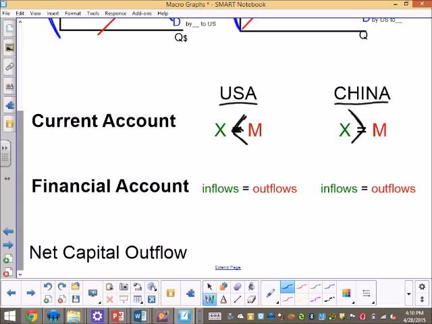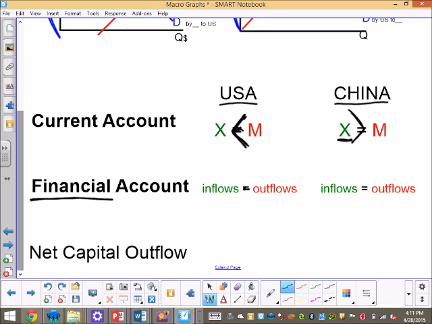And that's not necessarily good, but what is going to happen in our financial account, also called the capital account or our capital flow? The inflows will exceed the outflows. Remember, if we have this here, we know that down here it needs to be what? Can it be equal? It needs to be the opposite. So now China, because they're exporting more, gets more US dollars.